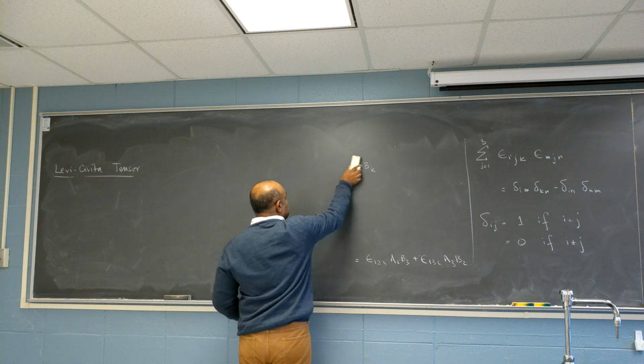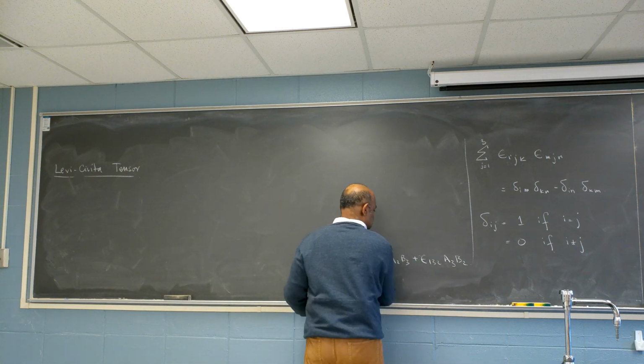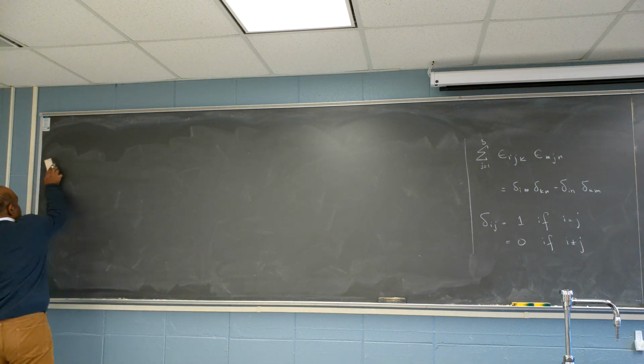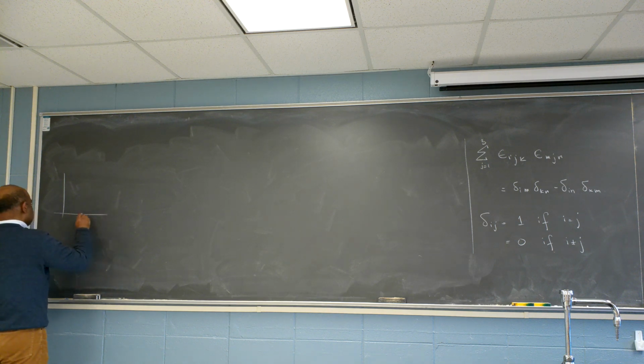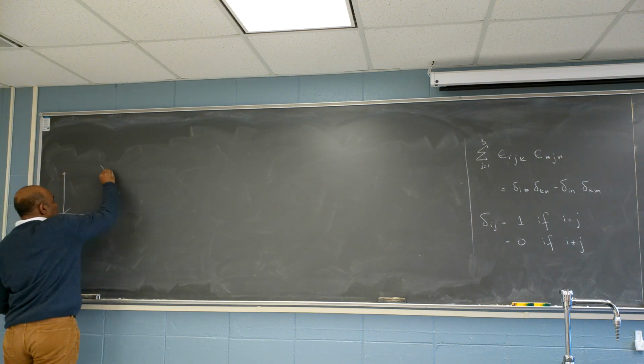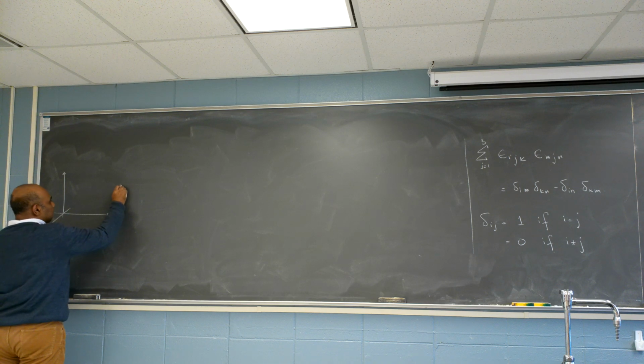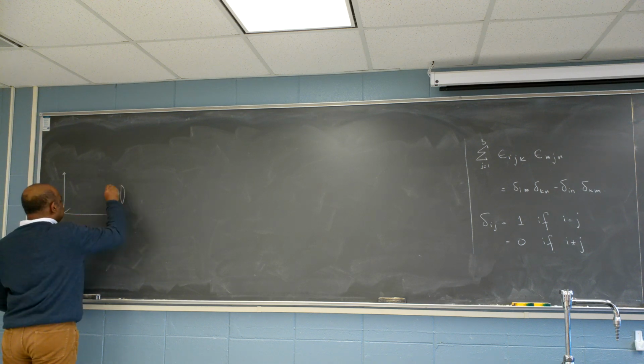Other tool we need is the following. So, this is not what we need. Here's my coordinate system. Here's my magnetic, let me make it even at a weird angle. That's my magnetic dipole.